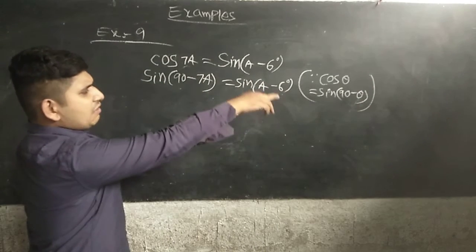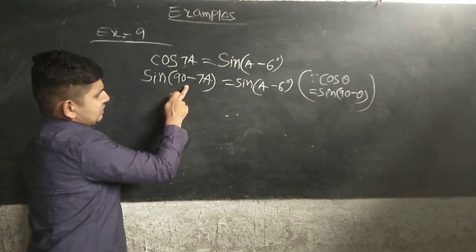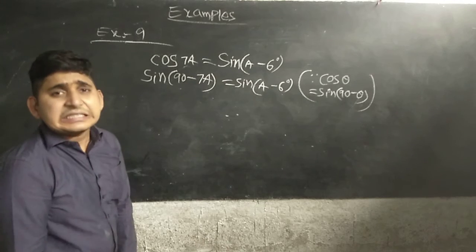So according to the formula, cos 70 equal to sin 90 minus 70, where theta equal to 70.